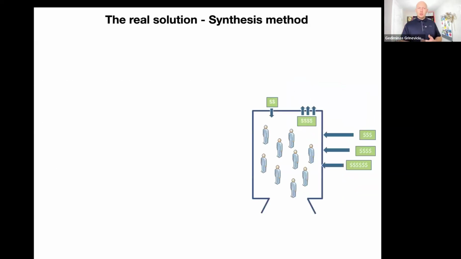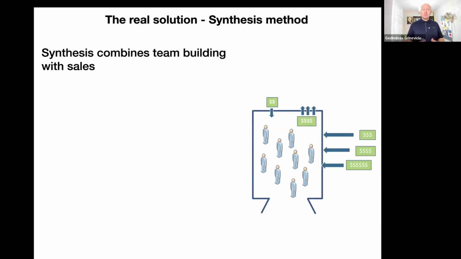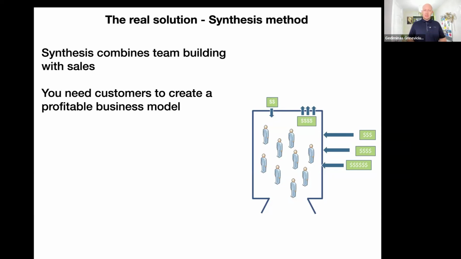So what is the real solution for this problem? Well, that is the synthesis method. Ooh, what is the synthesis method, you ask? Well, synthesis basically combines two things: team building and sales. Basically, you need customers in order to create a profitable business model where people are making more money than they're spending.